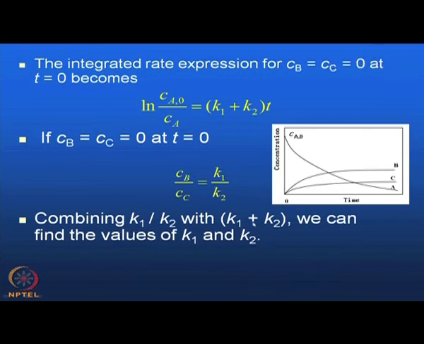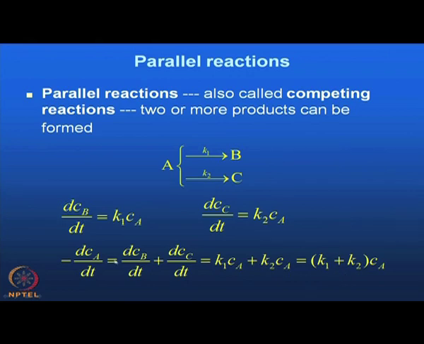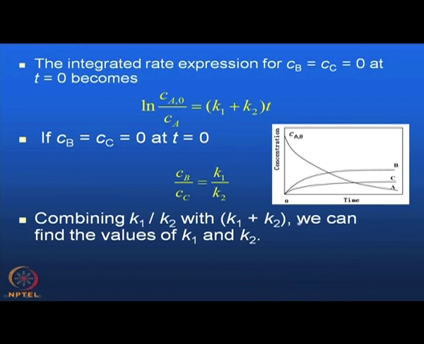So, the integrated rate expression: at t equal to 0, Cb and Cc are 0. If you integrate, you will get this expression, that is ln Ca0, the initial concentration at t equal to 0, divided by Ca, is equal to (K1 plus K2) into t.